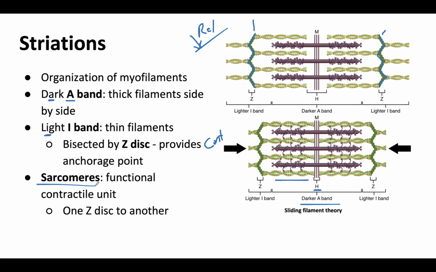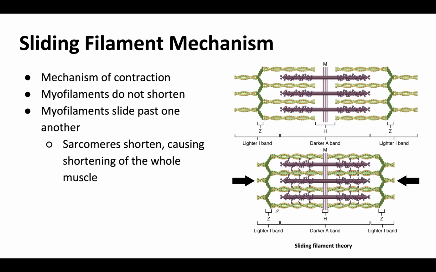So a muscle will shorten because its individual sarcomeres will shorten and pull the Z discs closer to one another, which you can see on this image on the bottom. So the Z discs are going to become closer together during the contraction process. And this brings us to the model that describes the contraction of a muscle, and this is called the sliding filament mechanism.